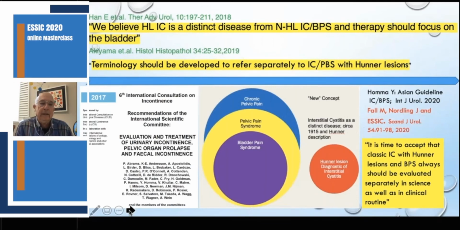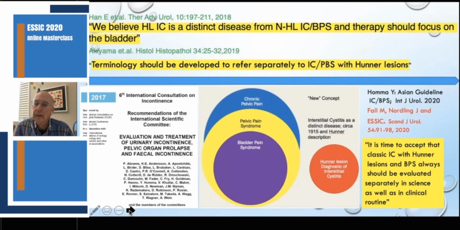Akiyama in Japan wrote that terminology should be developed to refer separately to IC-BPS with Hunter lesions. The International Consultation on Incontinence concluded that Hunter lesion is a separate disease and should not fall under the bladder pain syndrome Venn diagram.